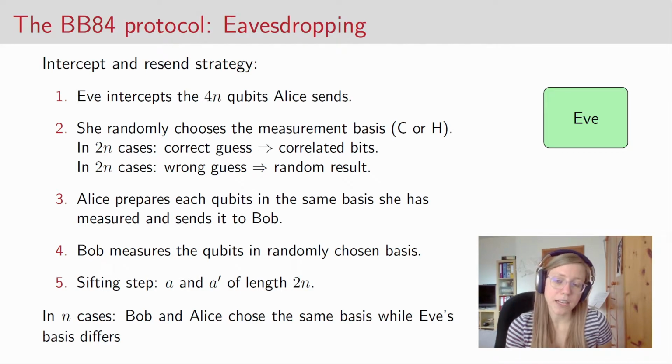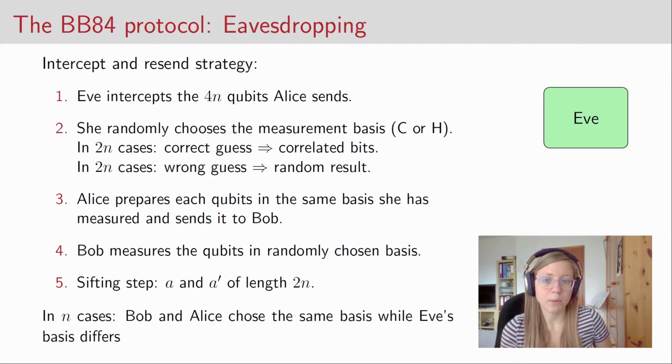So in half of the cases, Alice and Bob chose the same basis, but Eve's basis differs. And if Eve's basis differs, then Bob got a completely random result, since Eve's previous result was also completely random.